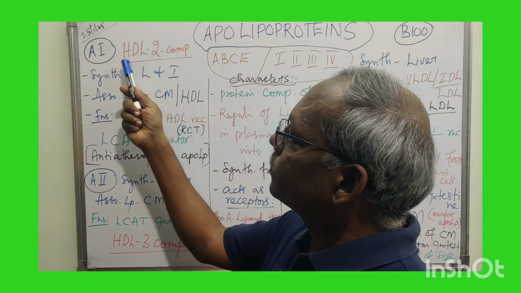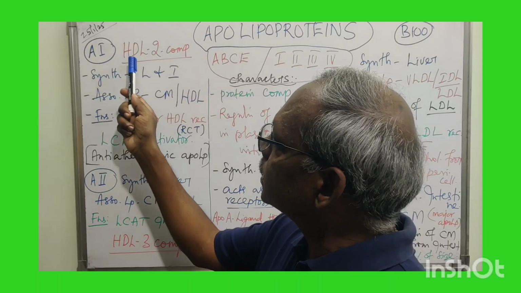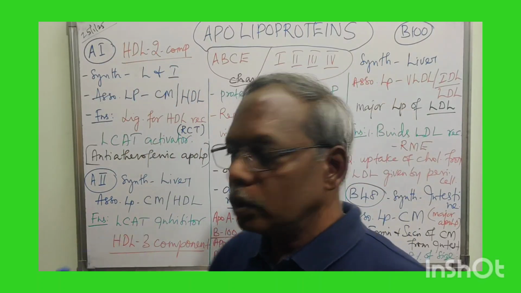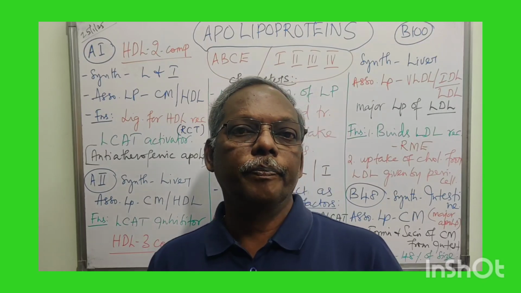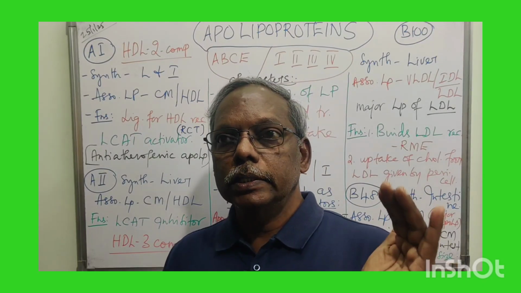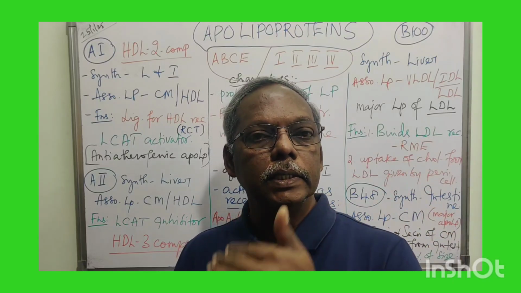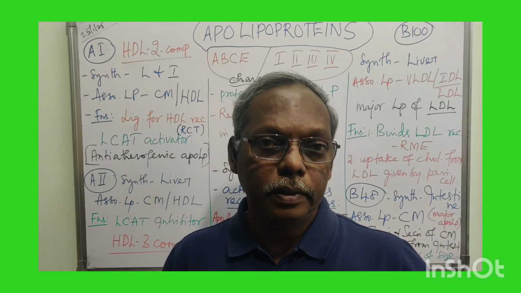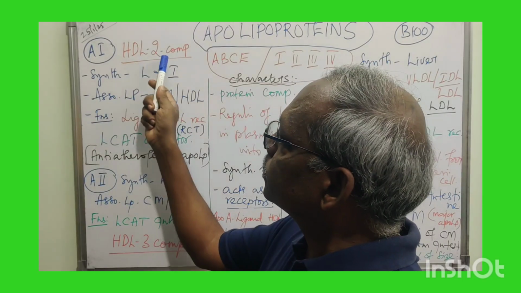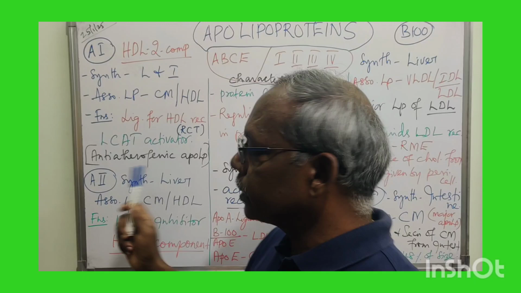One more MCQ point: A1 is a component of HDL2 and A2 is a component of HDL3. We all know HDL synthesis: first is nascent HDL, second is HDL3, and finally HDL2 enters the liver. So in HDL2 the component is A1, whereas the HDL3 component is A2.